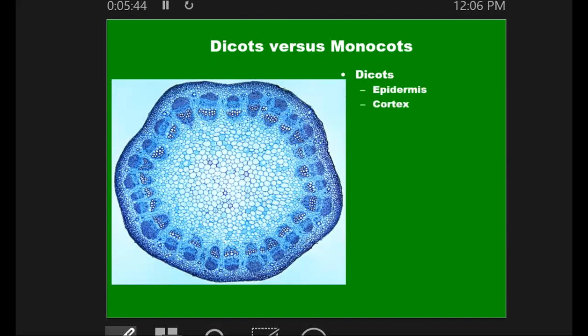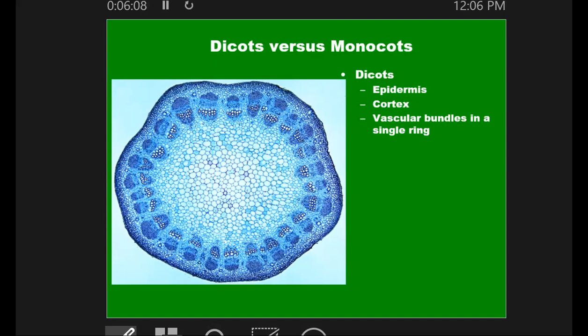So if you work your way from the outside in, you'll have an epidermis layer, especially with a young dicot. It'll still be an epidermis rather than bark, for example. And then you'll have a cortex region, and then a ring of vascular tissue. And so you can see they're calling it vascular bundles, which is accurate.